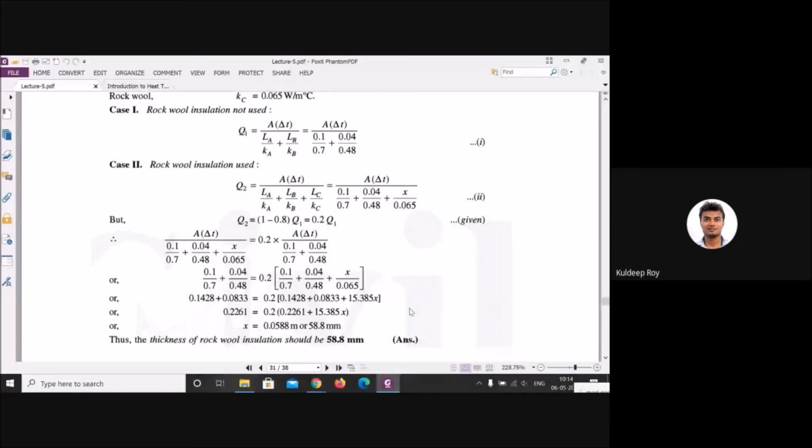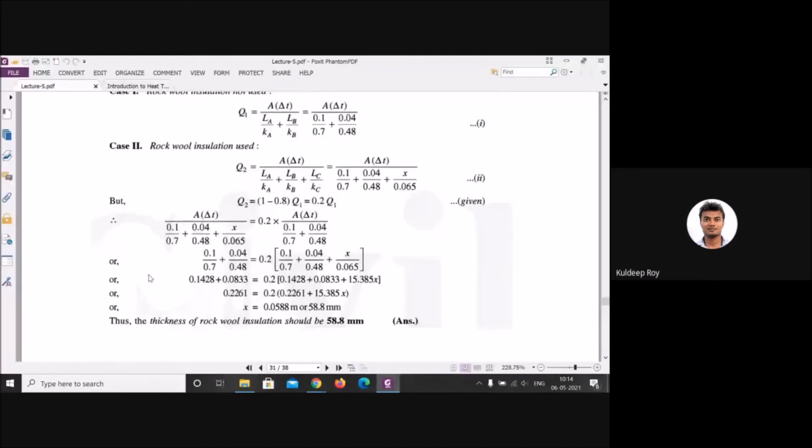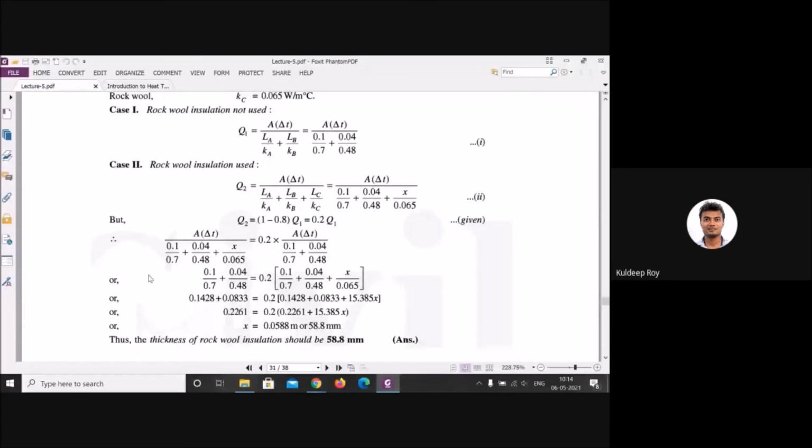Anybody? Okay, tell me your names who have solved this problem one by one.